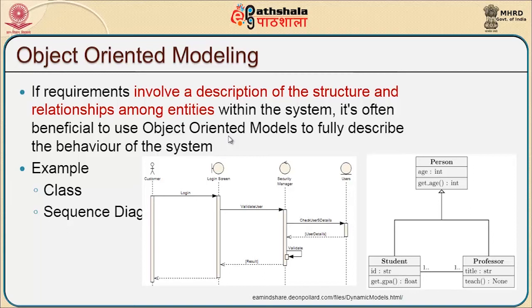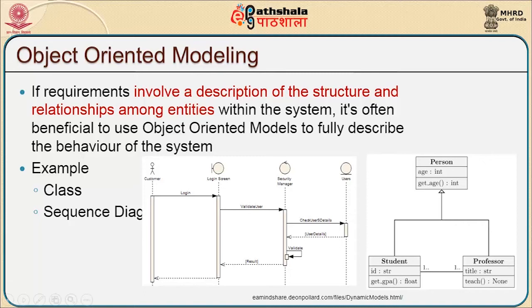The other understanding could be of the format of object oriented modeling, where we plot different use case diagrams, primarily in terms of a class diagram, sequence diagram and so on. So this object oriented modeling helps, as the requirements involve a description of the structure and relationship among entities within the system, and it's often beneficial to use object oriented models to fully describe the behavior of the system.